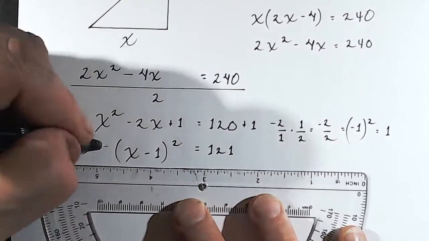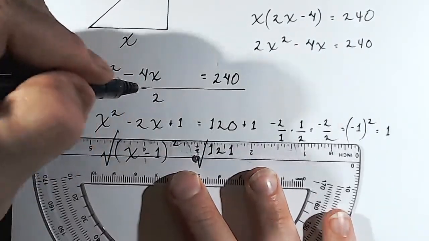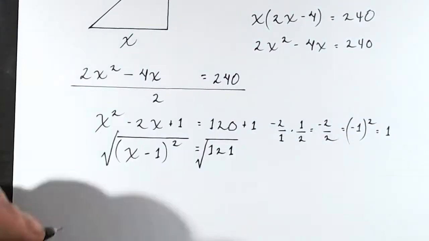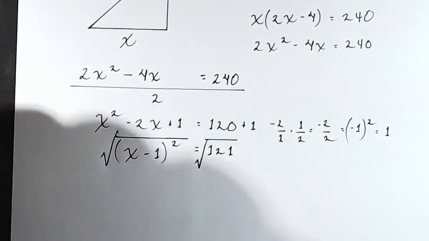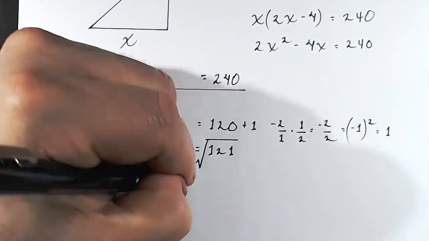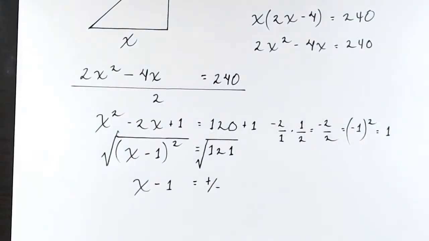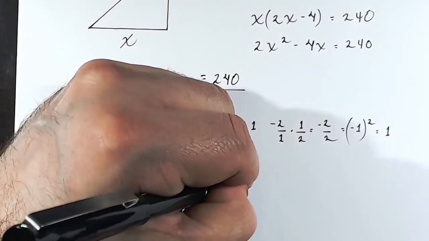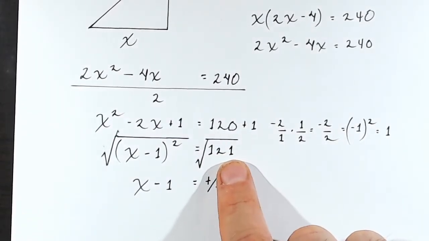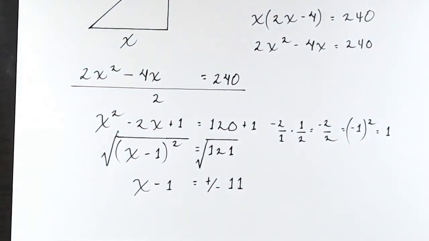Now to get x by itself, we just take the square root of both sides. Here we're a little bit easier because we're not having to work with a fraction. On the left side, the square root cancels out the squared term, and I just get x minus 1 equal to plus or minus the square root of 121, which is 11. Remember that right term, when you do this square root, will always be a perfect square. It'll never not be a perfect square with completing the square.